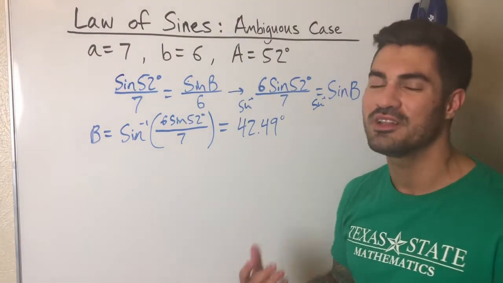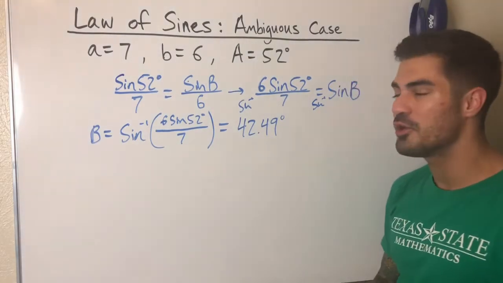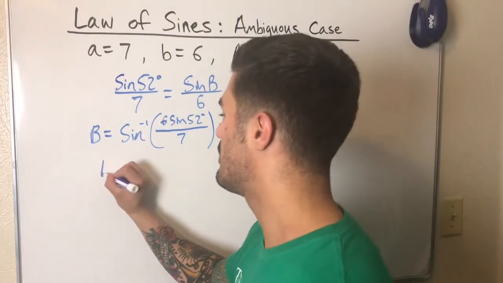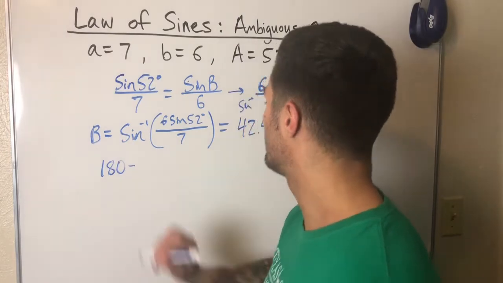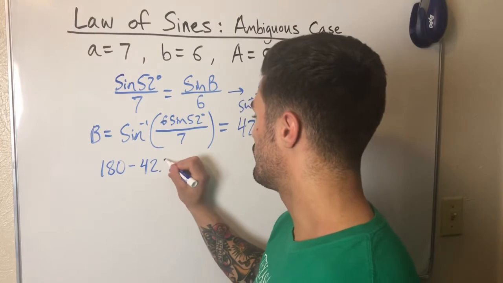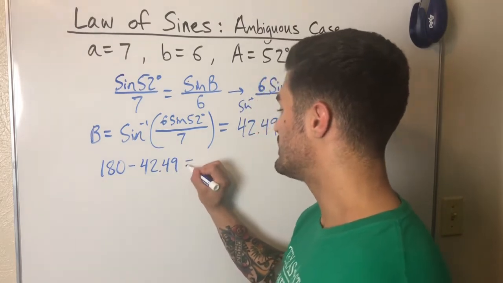So we know we definitely have at least one triangle, but now we need to find out if we do have that second triangle or not. So I do 180 minus whatever angle we got, which is 42.49 degrees, and I'm trying to see if this angle works.